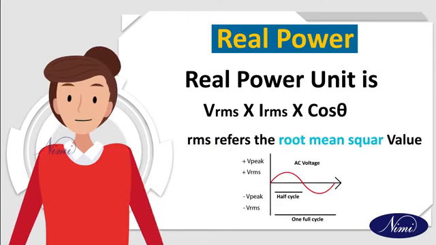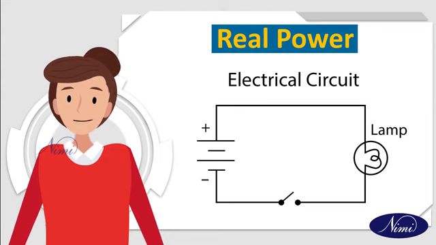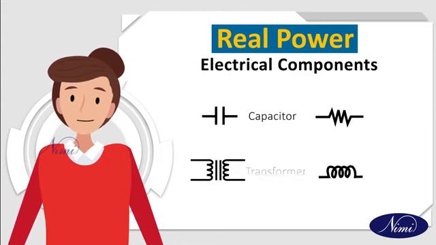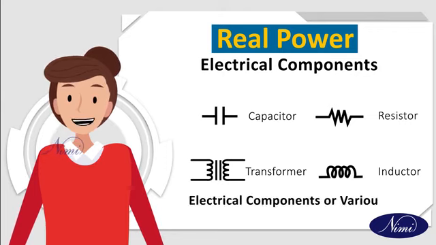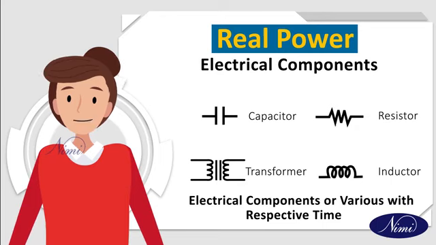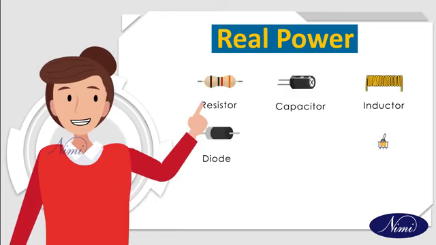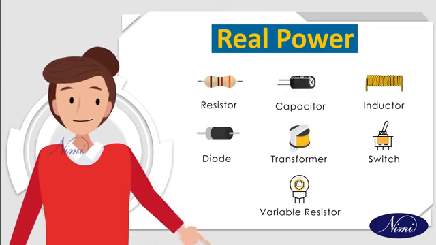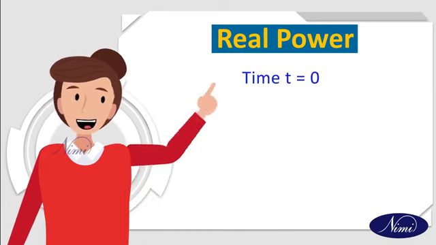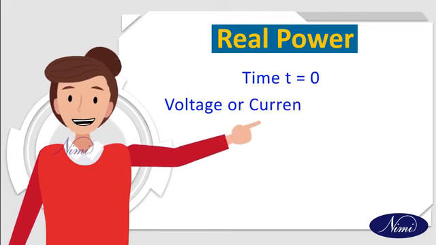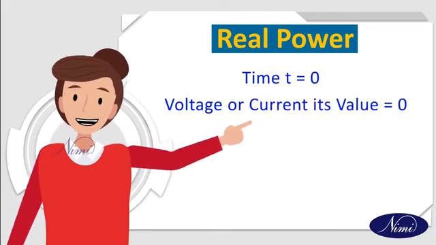In an electrical circuit, the electrical components are continuously varying components. It is not a stable one. It varies with respect to time. The figure shows the electrical components diagram. At time t is equal to 0, its value, it may be voltage or current, is 0.